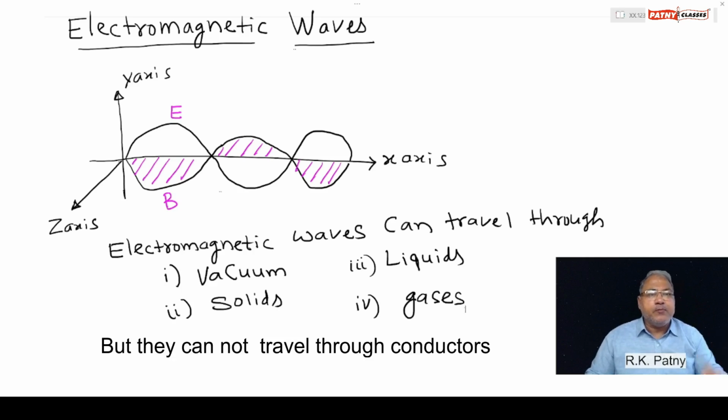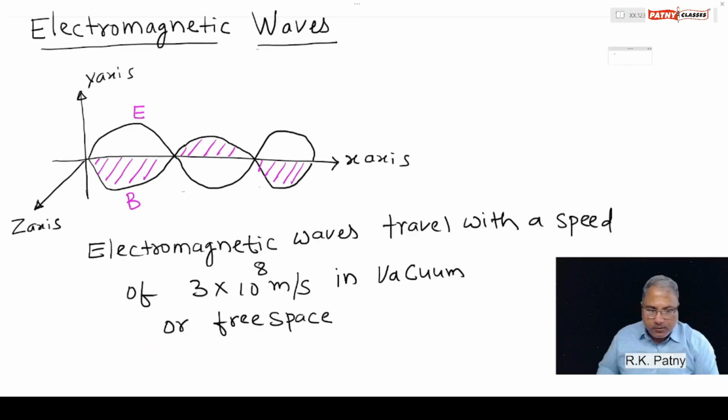This is a very important property of electromagnetic waves, that nobody can stop them. Solids cannot stop the electromagnetic waves, vacuum cannot stop the electromagnetic waves, even liquids and gases cannot stop the propagation of electromagnetic waves. So this is a very, very important property of electromagnetic waves.